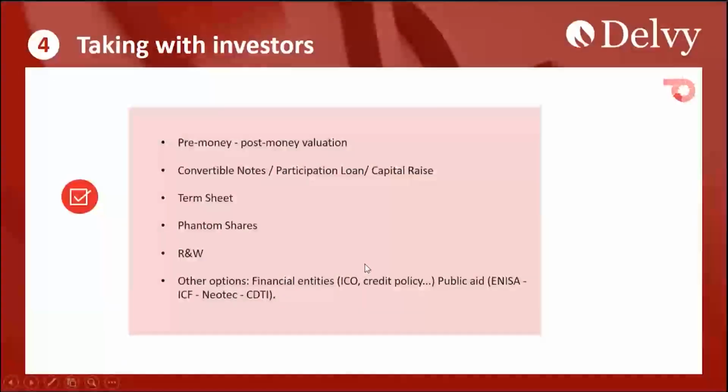Advance with, well, this is something that we have discussed before about the pre-money and post-money valuation. When we are raising capital in a funding round, there can be a direct contribution in the company, and through a share capital increase, the new shareholder, the investor, obtains new shares and therefore becomes a shareholder.